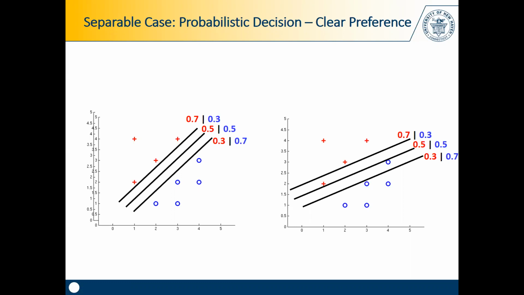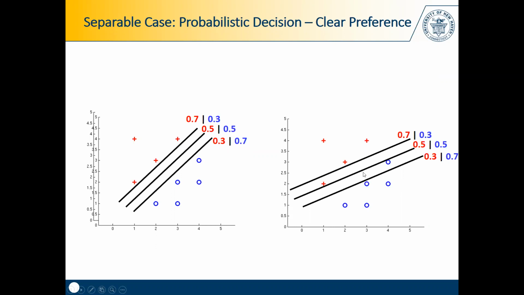Any thoughts? Ramu? Yeah, both are the same because the probabilistic decision values are the same. Exactly. The decision values are the same.